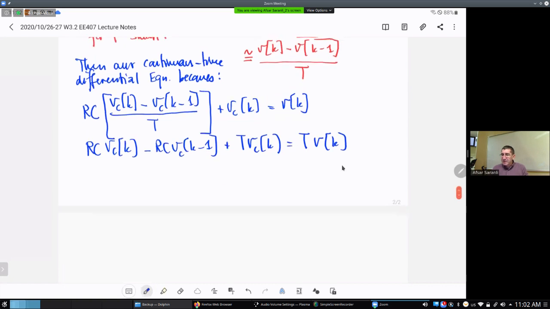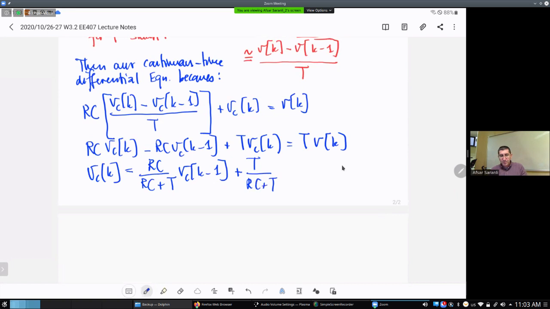Now what I can do is write the value of my variable of interest, Vc at time k, in terms of its past values. So Vc at k becomes RC over RC plus T times Vc at k minus 1 plus T over RC plus T times V of k.